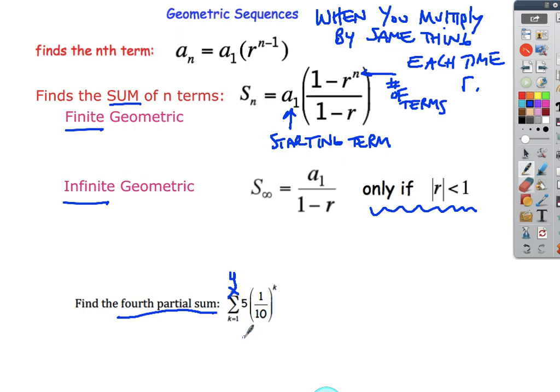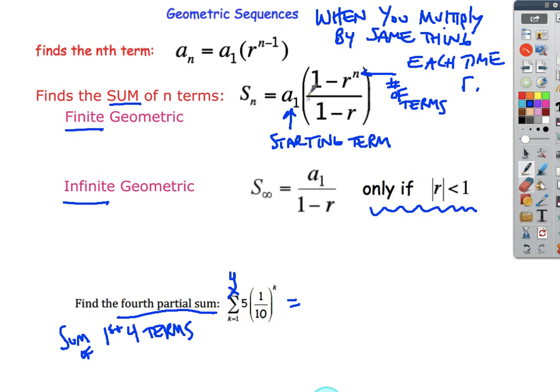So I'm only finding the sum of the first 4 terms. This is geometric because I have something times something to a power. So I'm going to use this formula because this is for finding a sum.